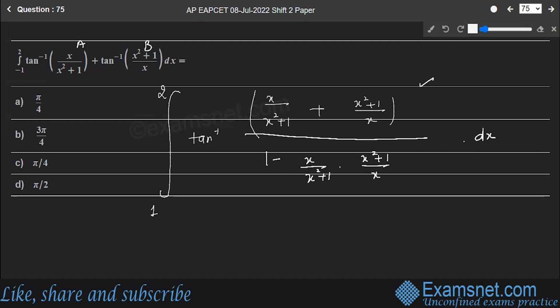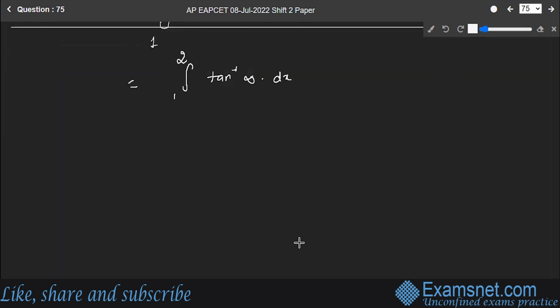Now this is equal to 1. They will cancel out each other because this will cancel this and this will cancel this. So this whole thing will turn out to be the integral from 1 to 2 of tan inverse infinity dx. You know, tan inverse infinity is given by pi by 2, since tan gives you infinity at pi by 2.